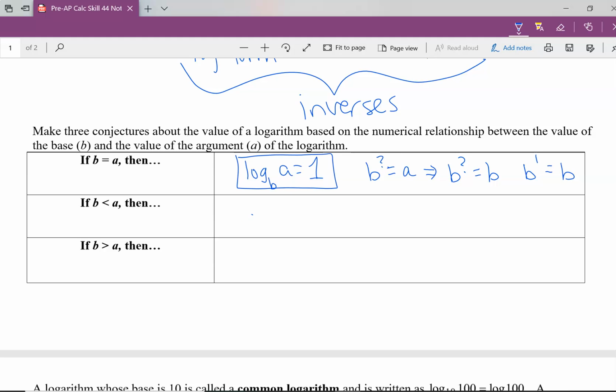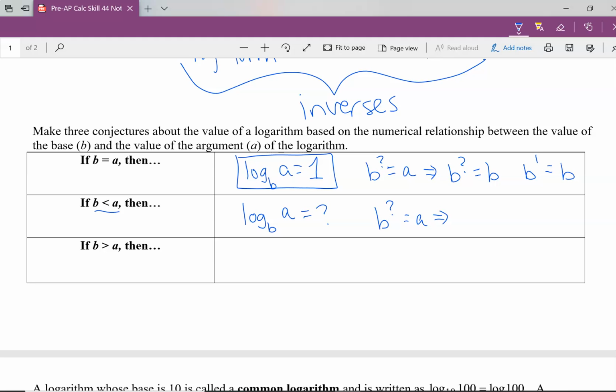The next one is saying, if I have log base b of a, where b is less than a, what will that become? So b to some exponent equals a. Remember, a is larger than b. So if I take b and raise it to an exponent, I'm going to get a larger number. That's going to happen whenever the exponent is greater than 1.